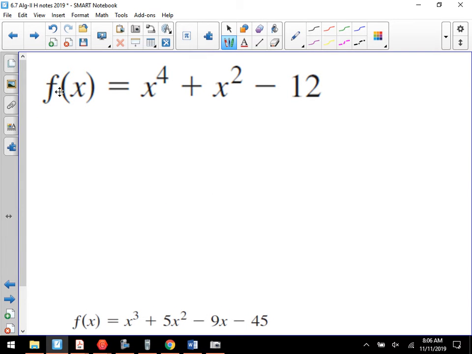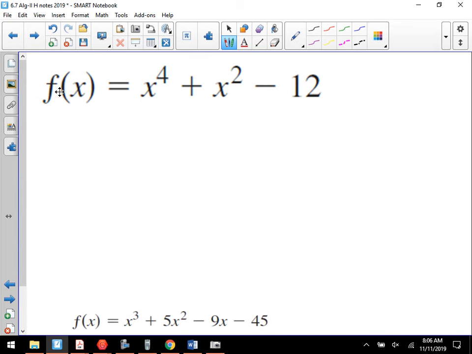X to the fourth, x squared minus 12, same idea. So at this point, you should start thinking, that's where I was getting at. There are multiple ways of going after these. And in this case, aren't your powers going down by half, x to the fourth, x squared, and then a constant?